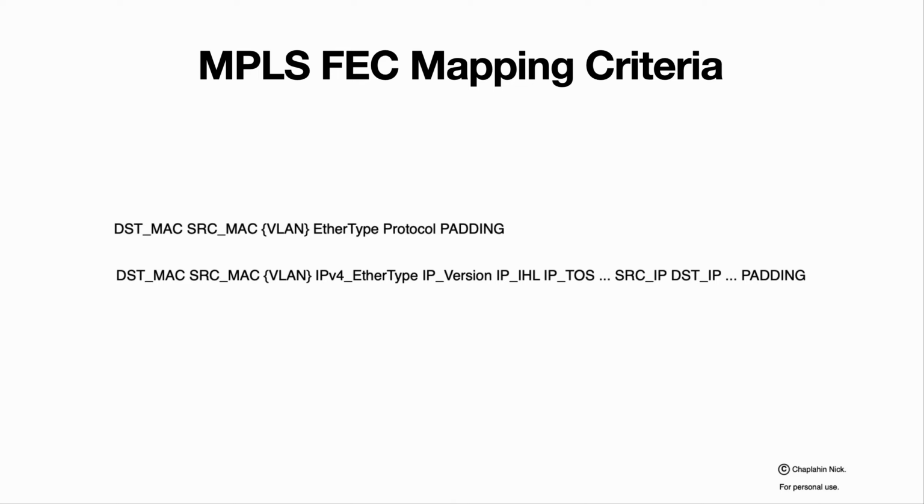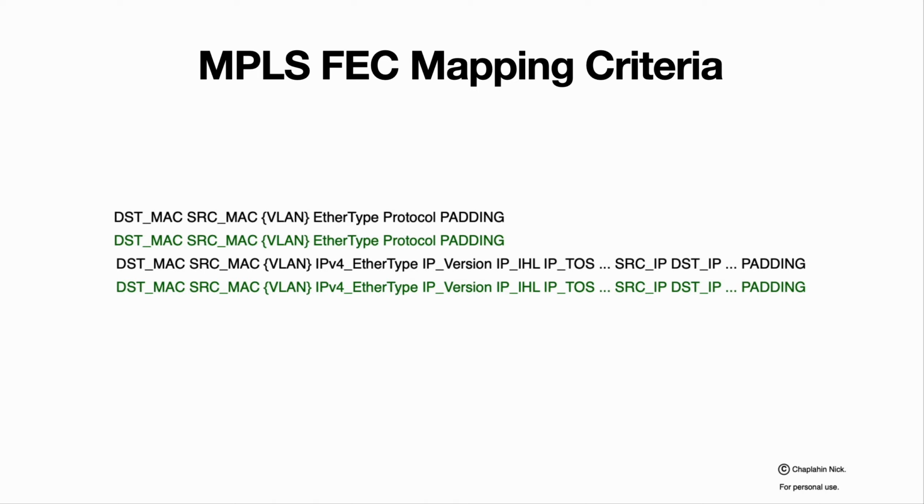So standard claims that any field in the frame or any combination of the fields in the frame can be a source for calculation of mapping criteria to FEC.